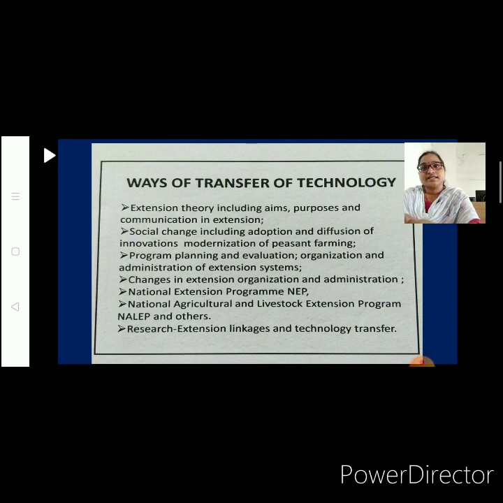The extension theory, including the aims, purposes and the communication in extension. What are the purposes? Sometimes the extension worker assumes, or collects the data, or the extension department, the state agriculture department, gives the data and this technology and says that you have to give this technology to the farmer.